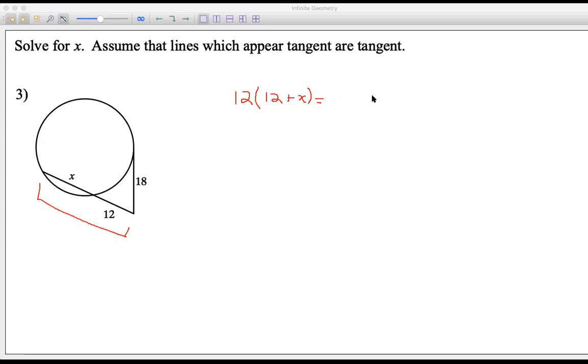No. We got to write the other side first. There you go. Check. So you said 144 plus 12x. I agree. And that equals 324. That's a big number.